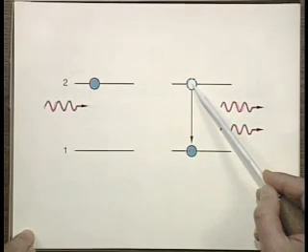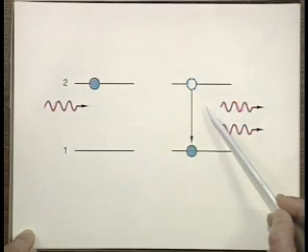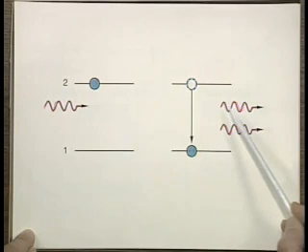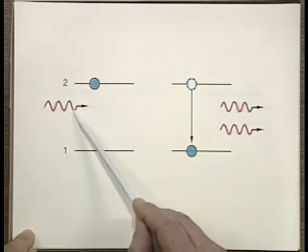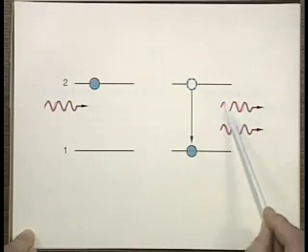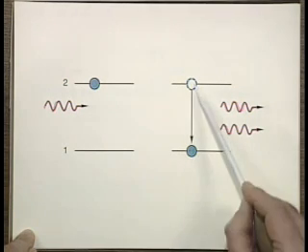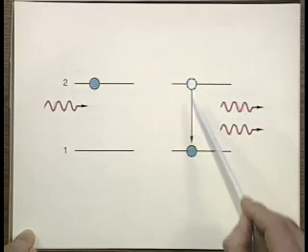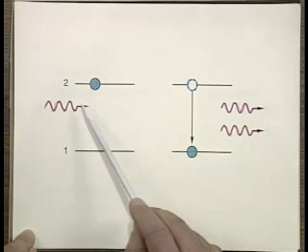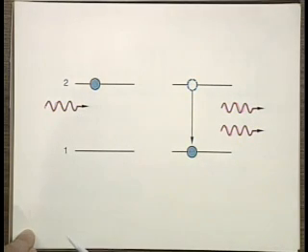And then, of course, remember, the atom had energy up here. When it comes down, it will release a photon. So this photon is the original photon here, and this photon over here is due to the release of the photon from this excited atom as it gets pushed by this source.